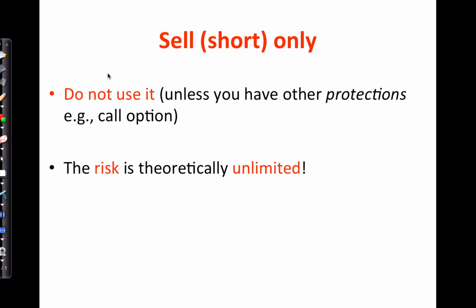Now, why should you not short sell without a stop loss? Well, the reason is simple. When you are going long, you are buying, there is a maximum amount of money that you can lose. And this is equivalent to the position size, right?